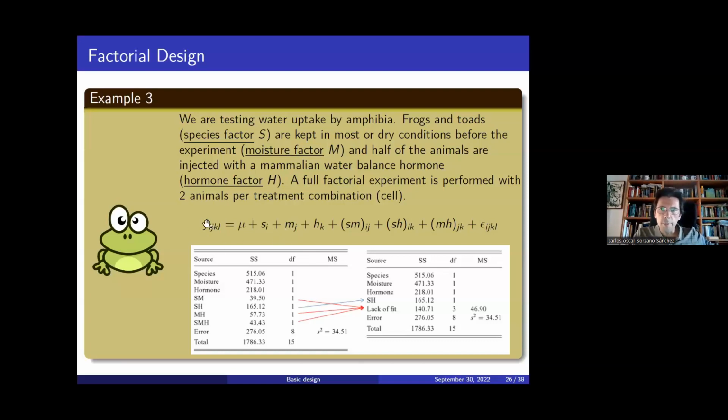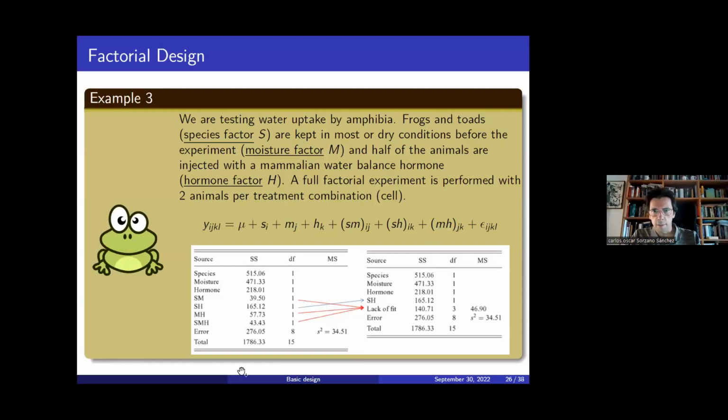What is your model now? Your model is that your observation is an overall mean plus something that depends on the species, plus something that depends on whether they were in water before or not, plus something that depends on your treatment. This is the one that you are really interested in. Plus possible interactions between species and being in water before or not, species and hormone, and moisture and hormone.